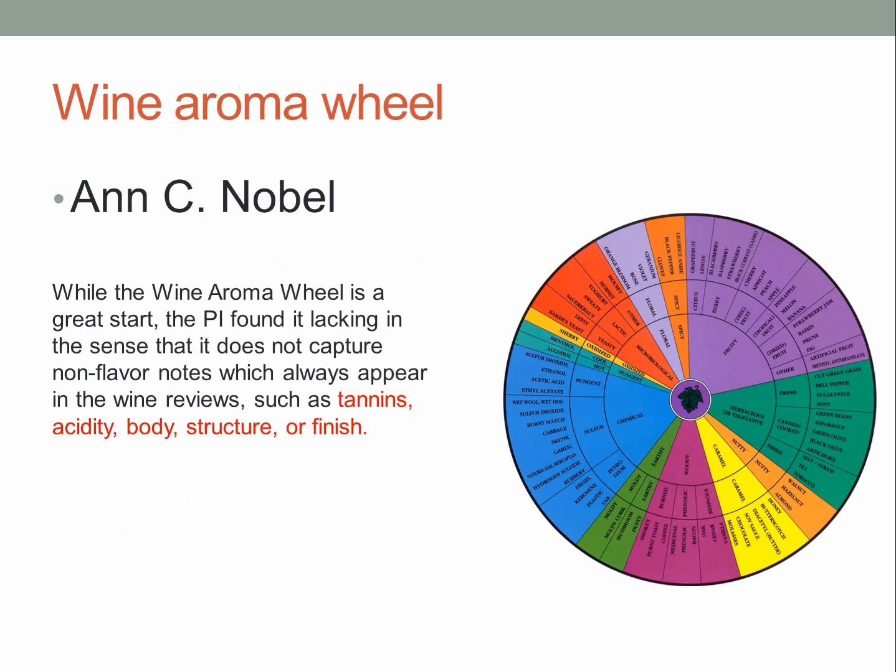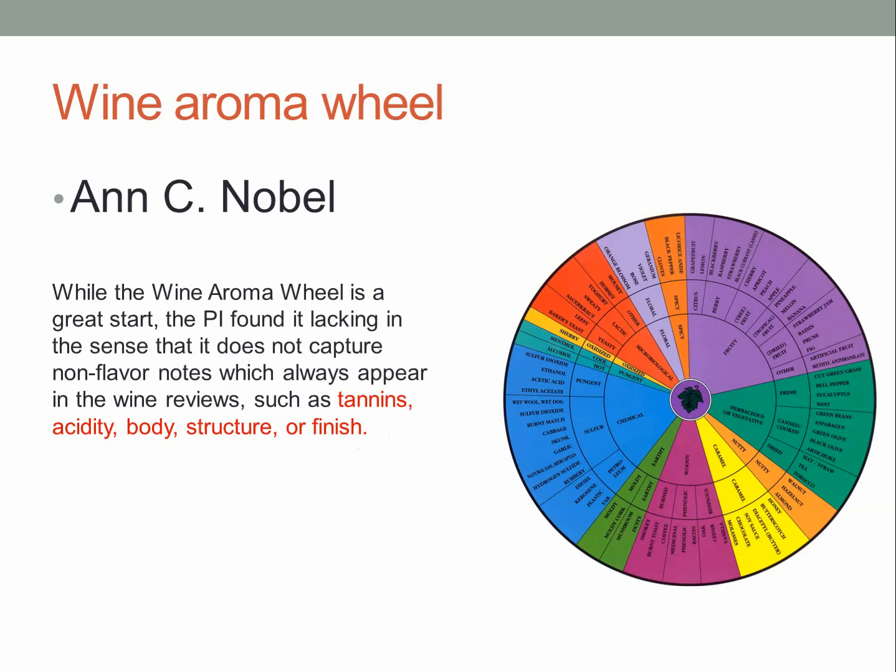The wine aroma wheel shown here is a great tool for the fruity flavor notes of the wine, such as cherry, woody, blueberry, strawberry, etc. However, this wine wheel does not have descriptions about the tannins, acidity, body structure, or finish, or even adjective descriptors such as superb or luscious.